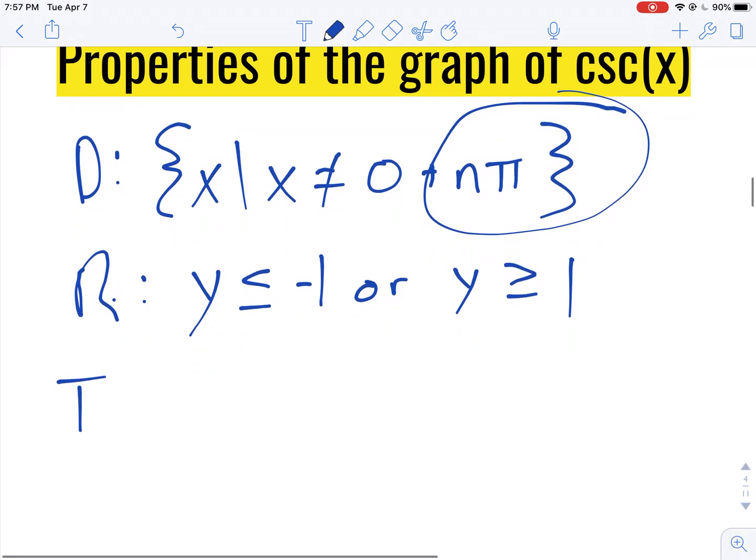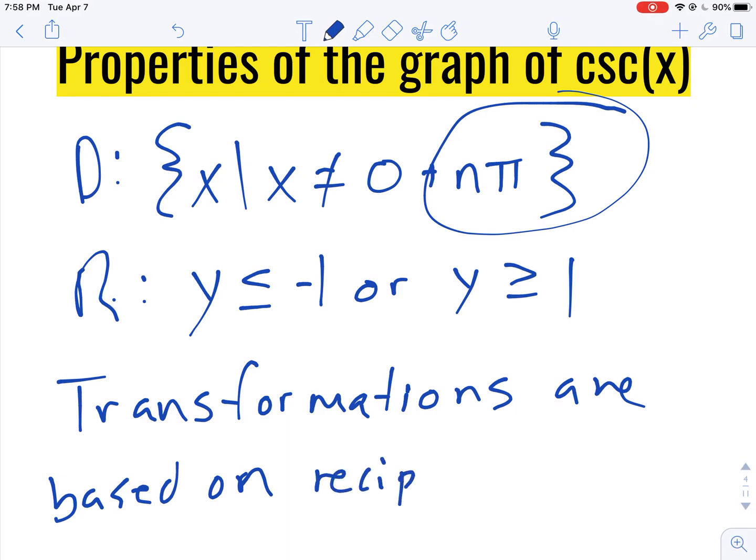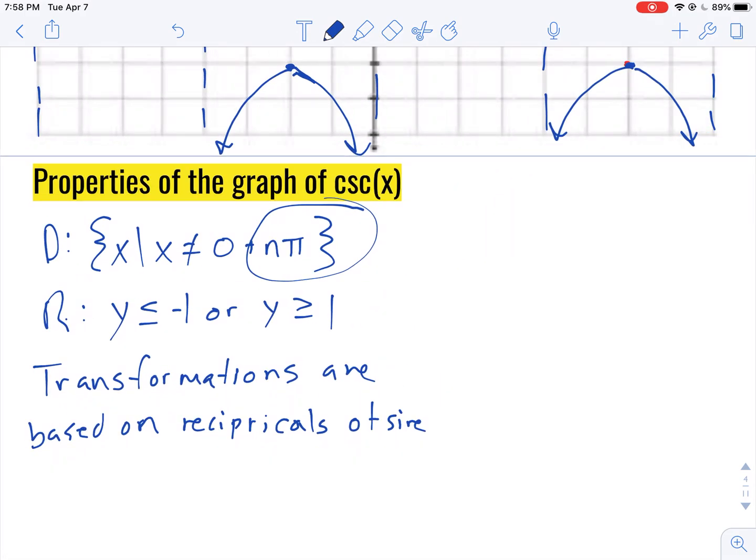All my transformations are based on reciprocals of sine. So I'm less concerned with what I'm actually doing for transformations here, and I'm more concerned with knowing my transformations of my sine function, because that's going to lead me everywhere I need to go.